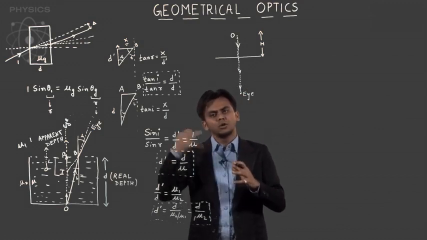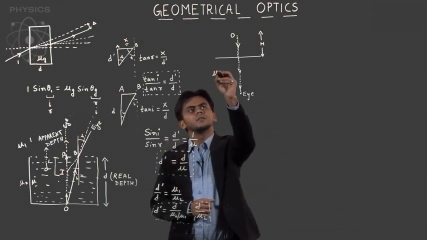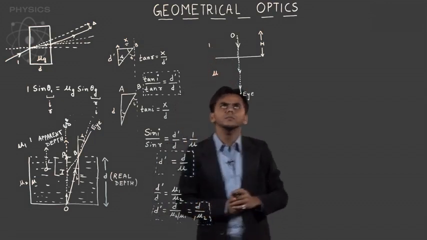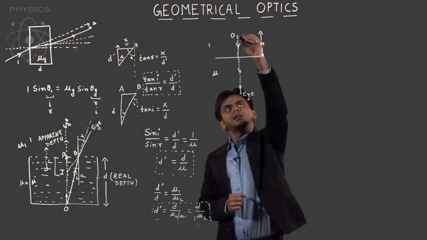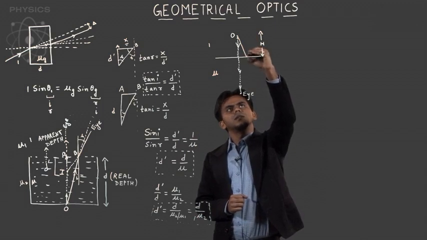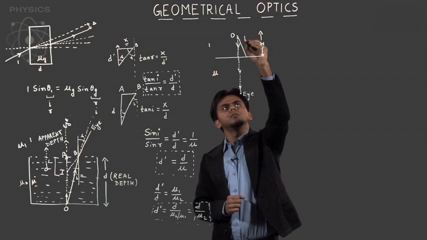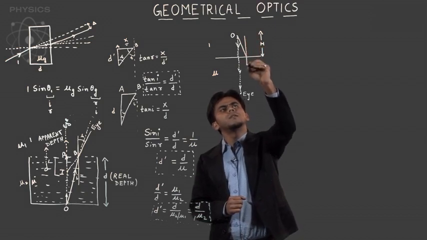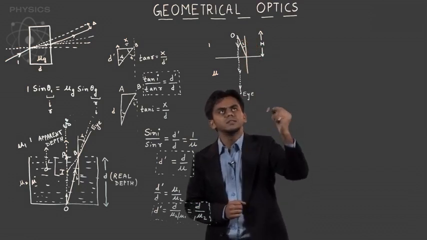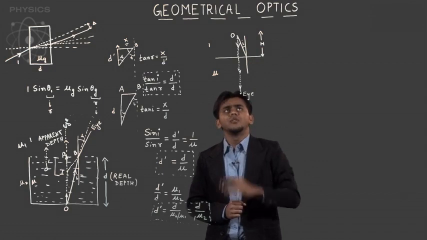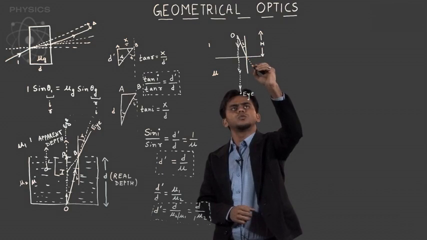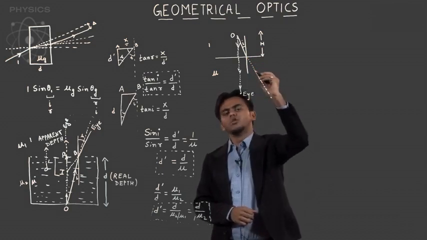Now, again following the same logic, this is mu, this is 1, denser medium and vacuum. Let's say a ray comes like this. It reaches here, and this is your new normal. This is your i, the angle of incidence. This is a denser medium, so naturally it would shift towards the normal. So the path which was like this won't be followed.